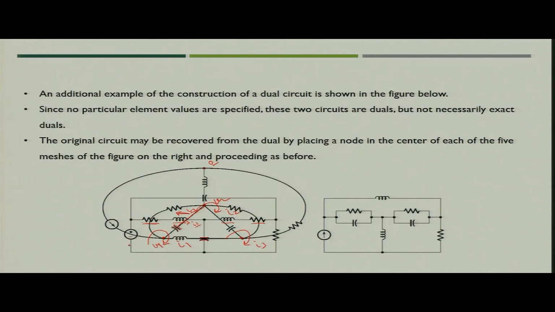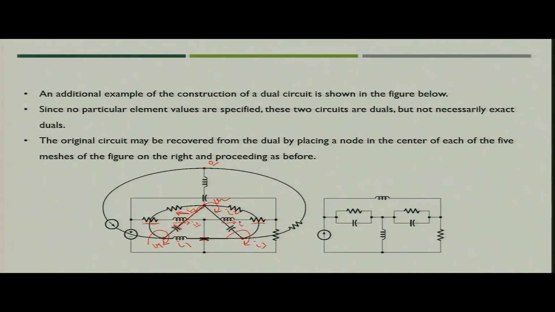Similarly, for this resistance also the current is I1 minus I2. That means the dual of this resistance, that is conductance, would also be connected between node 1 and node 2. So, we have connected this conductance in parallel with the capacitance.